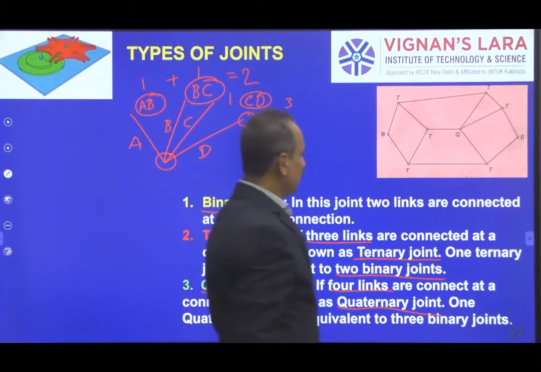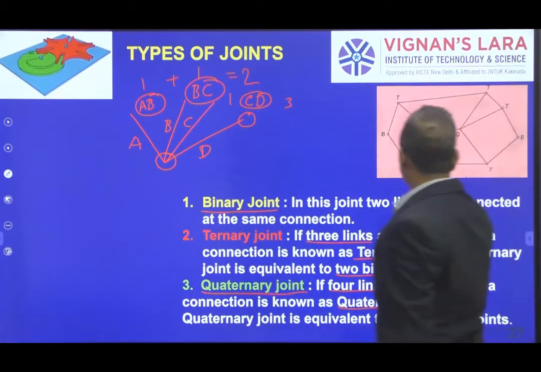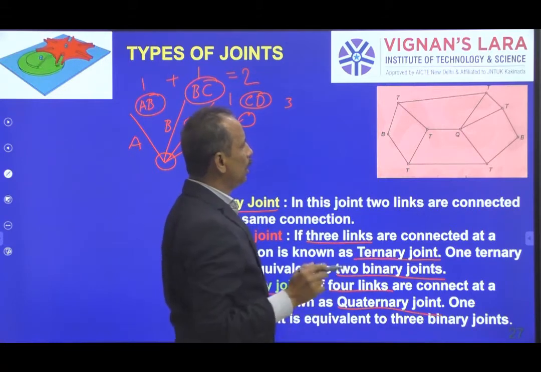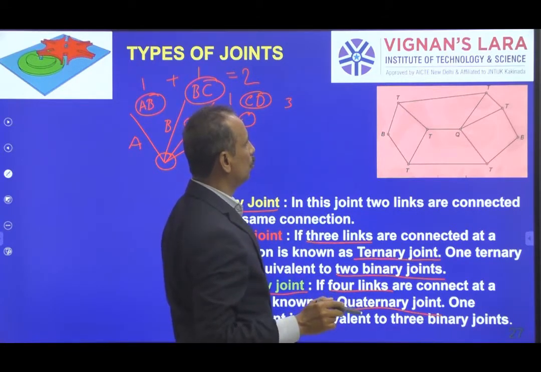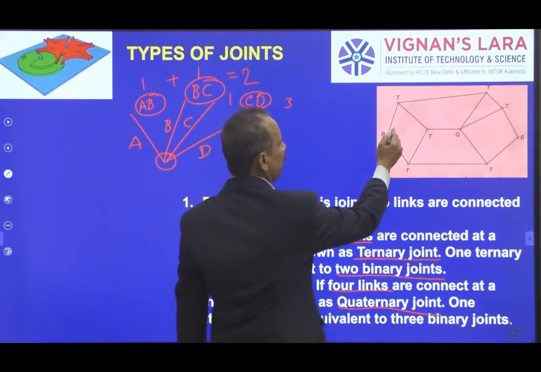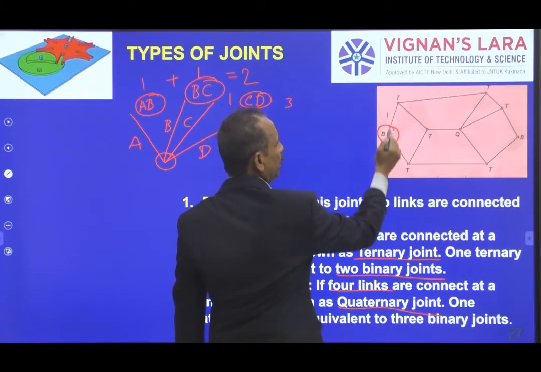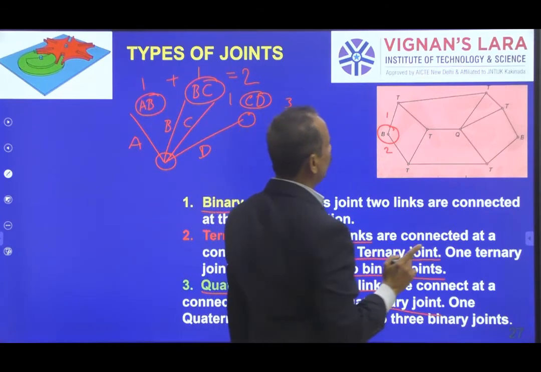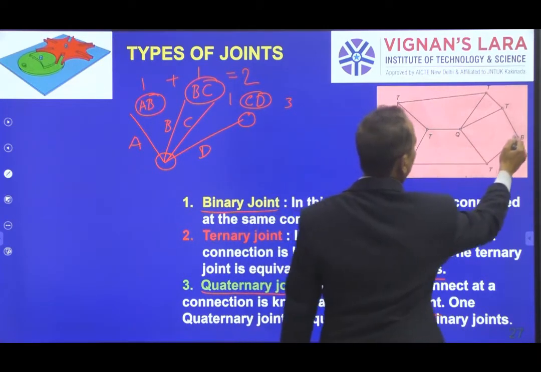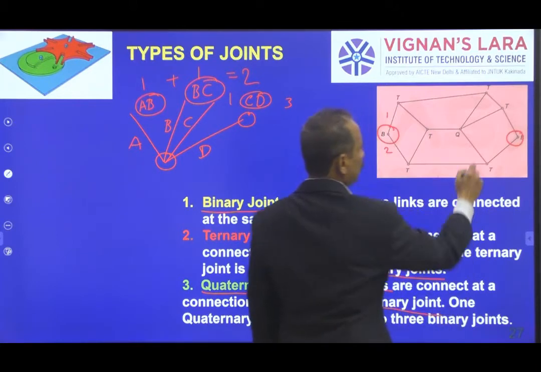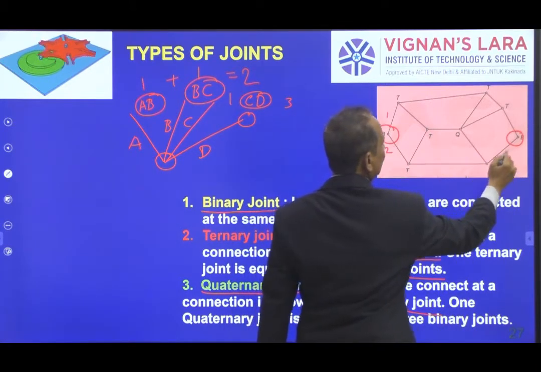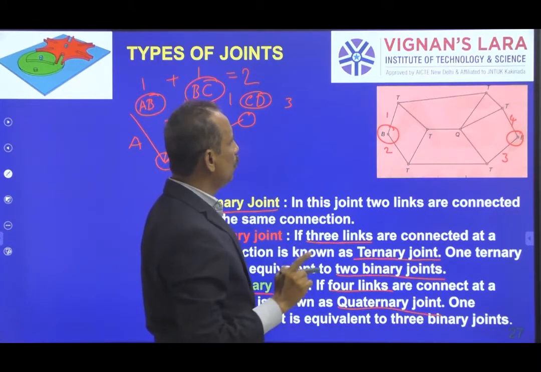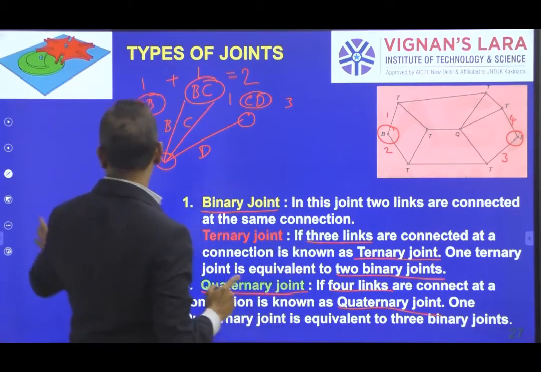If you look at this assembly of linkages, what is available is clearly shown. You can see B, where two links are connected at one location. Do you have any other binary here? Yes, here, this is 3 and 4. So these are the two binaries in this assembly.